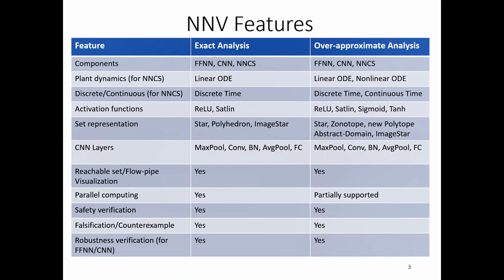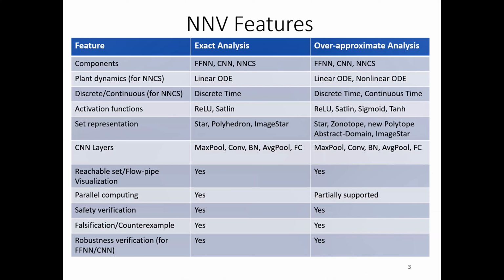So this table shows the main features of NNV. In NNV, we support exact analysis and over-approximate analysis using different types of set representations, including star set, polyhedron, image star, zonotope, or the new polytope abstract domain methods from ETH Zurich.